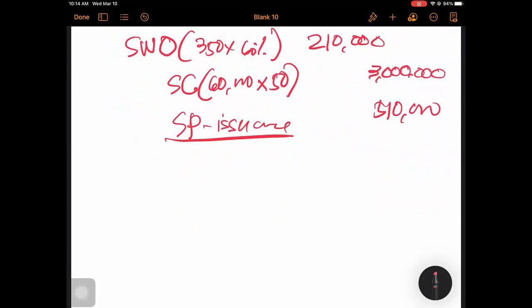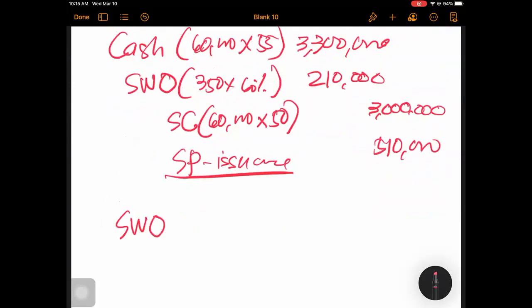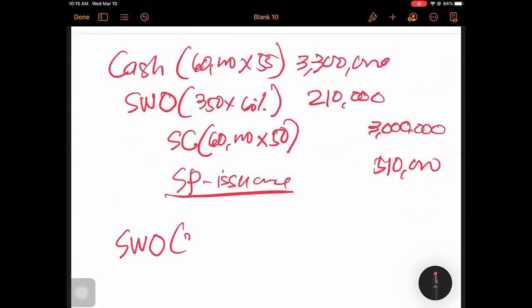Okay. So since the 40% wala gigamit, so let's assume nga na-expire siya. So what will happen to the 40% balance? So atong i-close to your share premium account. So atong i-zero out ang share warrants outstanding, pilay balance, 350 times 40%. That's 140,000.